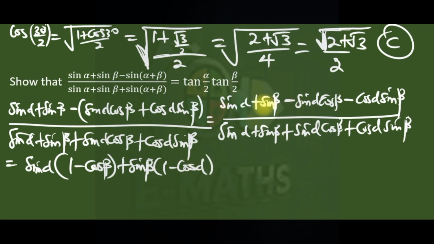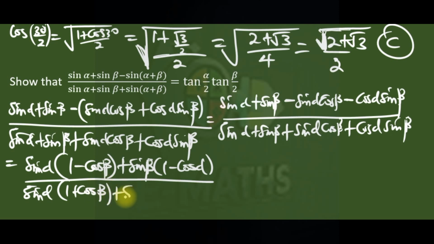In the same way, factoring sine alpha in the denominator, this is now 1 plus cos beta, plus sine beta times 1 plus cos alpha. So we are still solving.